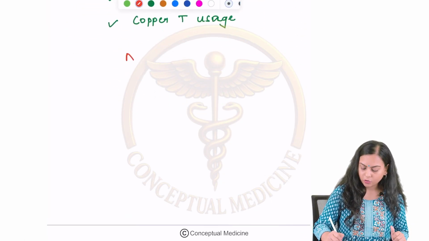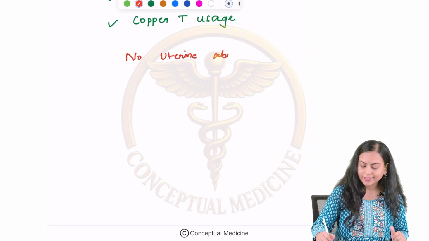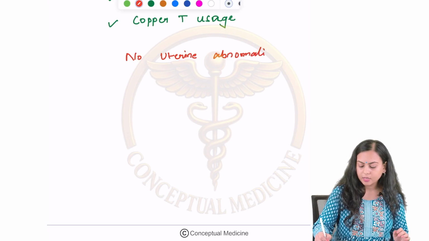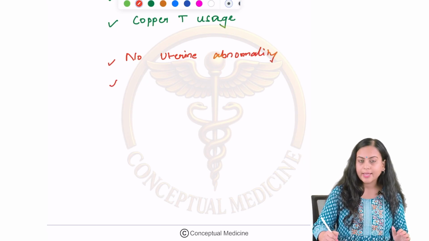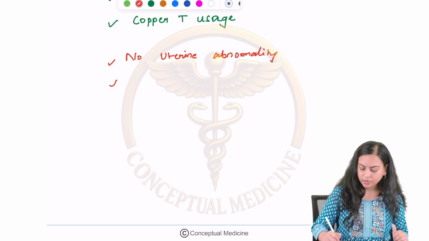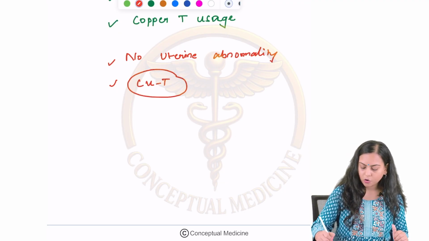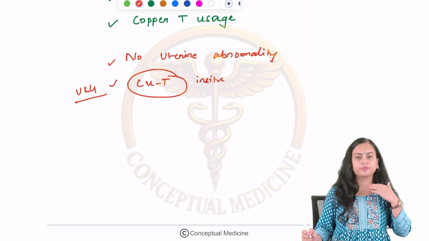Usually there will not be any uterine abnormality, any change in the size or the like in these people, and on examination you may find the copper T inside. Will you do a USG? Clear?